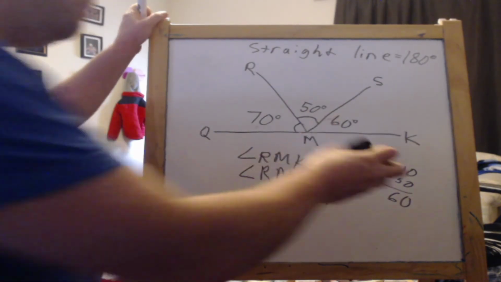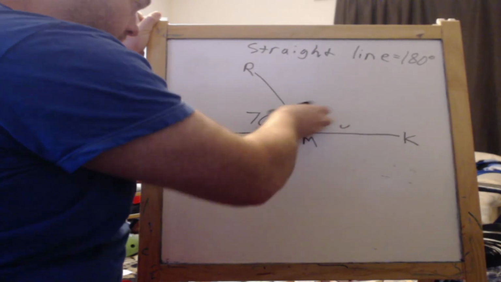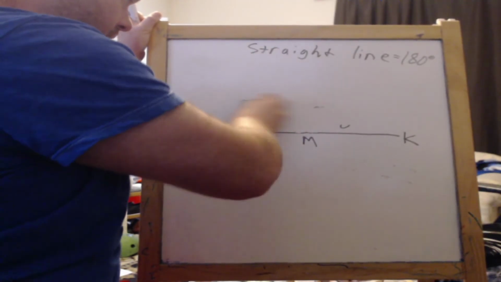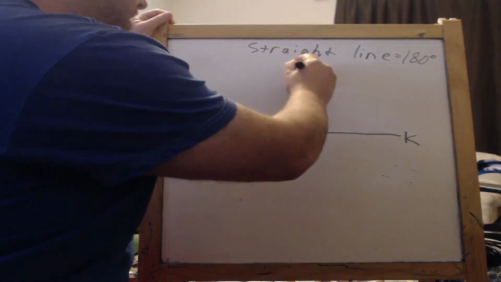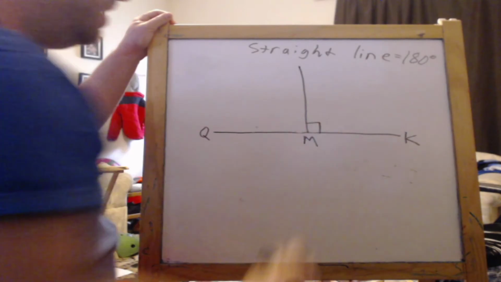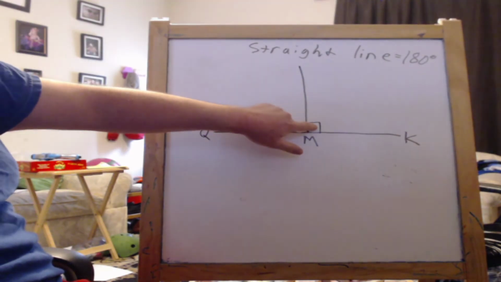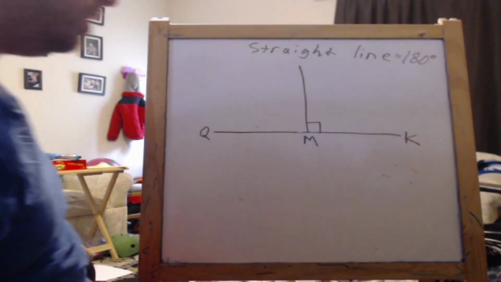And just one more thing to go over quickly is right angles, and you will see this pretty often. This box shows that it's a right angle, and a right angle is 90 degrees, right?